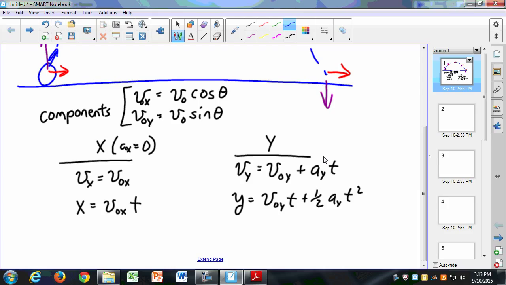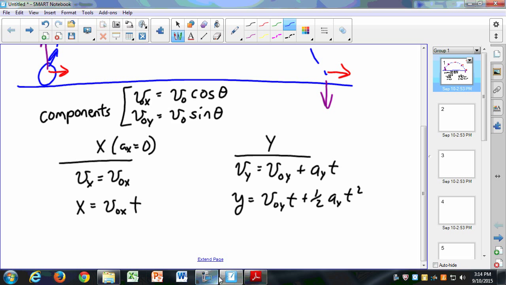So I know that eventually I'm going to have to use this formula. Let's look at it and see if we know everything. V naught y? Well, that's 0, right? Because v naught x is the only initial velocity. So this whole term goes away. Do I know ay? Yeah. And I know t too, right? So this is really easy. I just plug in the right numbers.